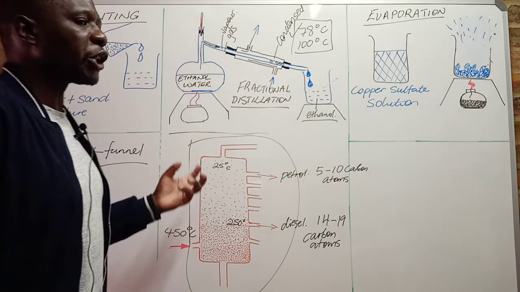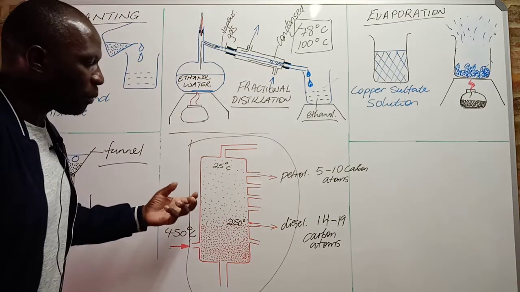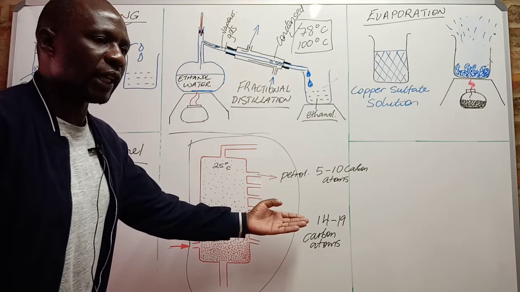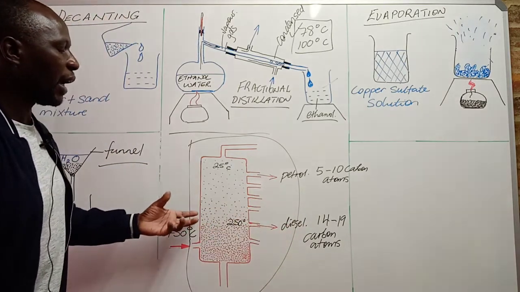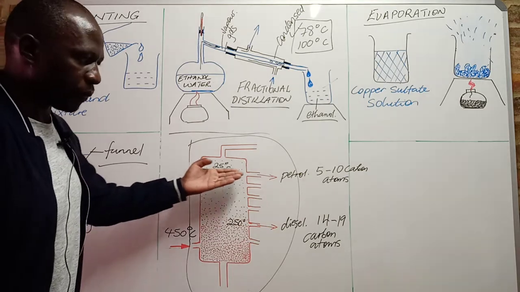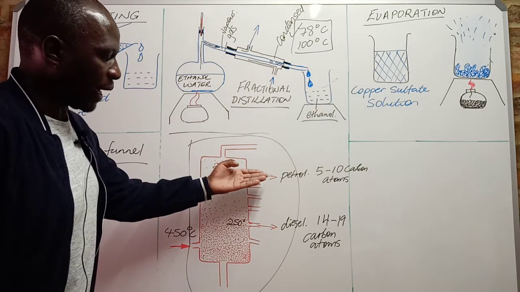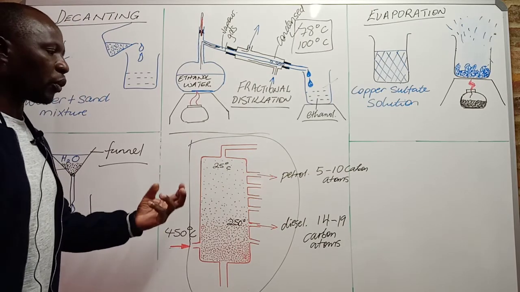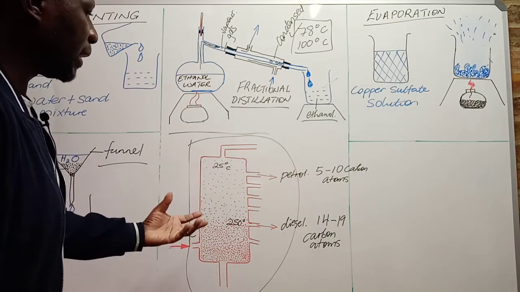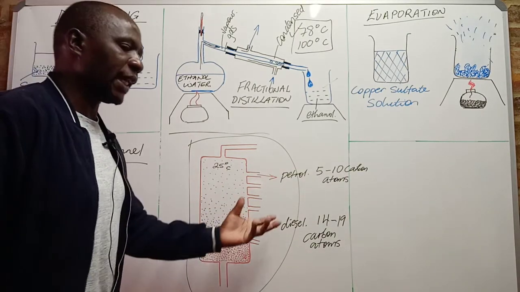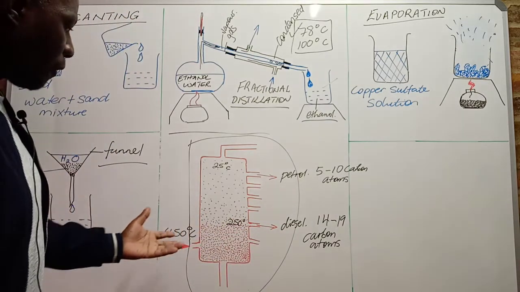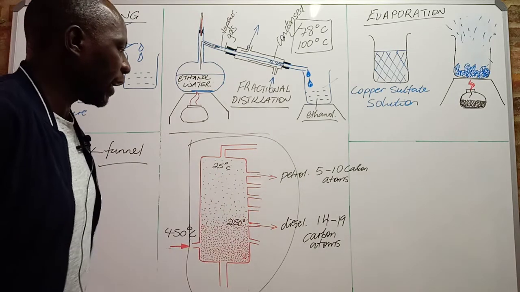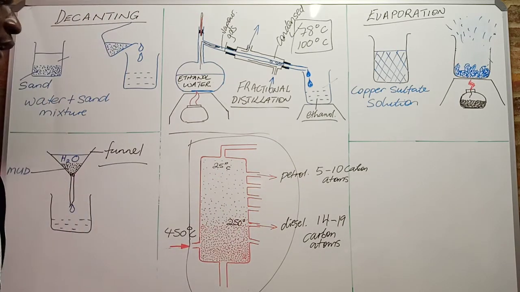So in the fractionating column, they are able to collect diesel first at the lower level because it is much heavier, and they are able to collect petrol at a higher altitude because the density of petrol is less than the density of diesel. So this is what happens in a fractionating column.